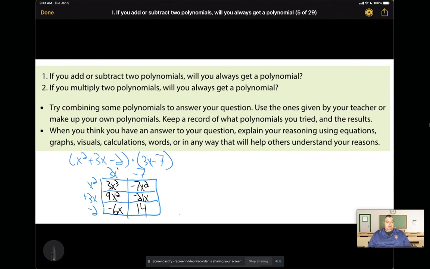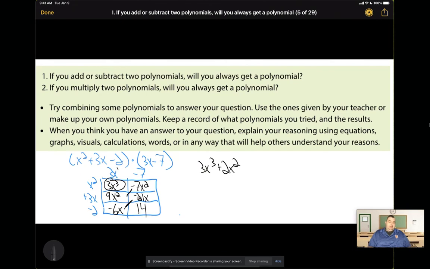So remember, with the box method, when I write out the answer, I'm going to start up here. So my answer is going to be 3x cubed. And then if I look along the diagonals, that will give me the like terms I need to combine. So I have negative 7 and positive 9x squared. That's going to become a positive 2x squared.